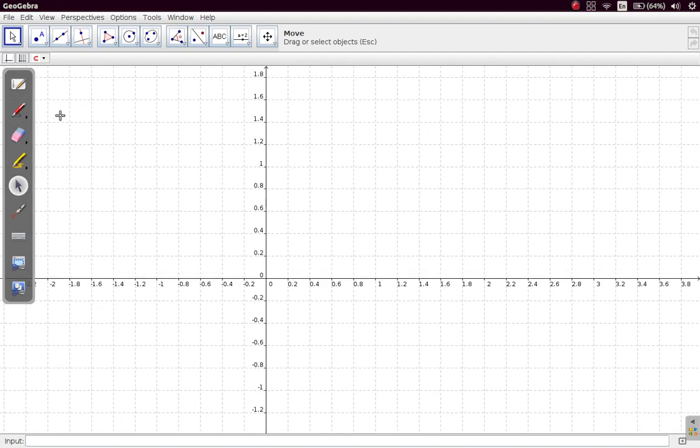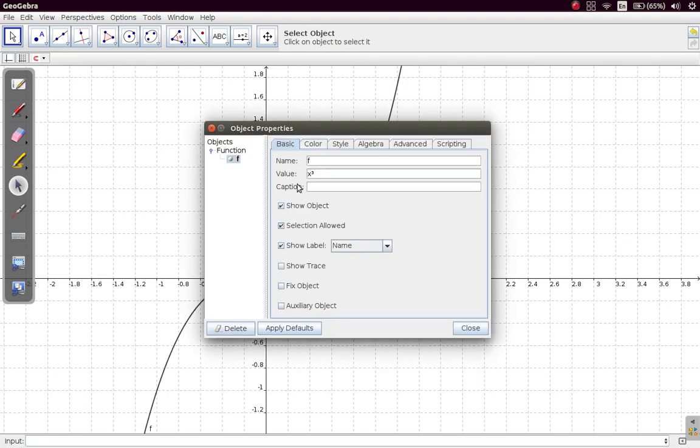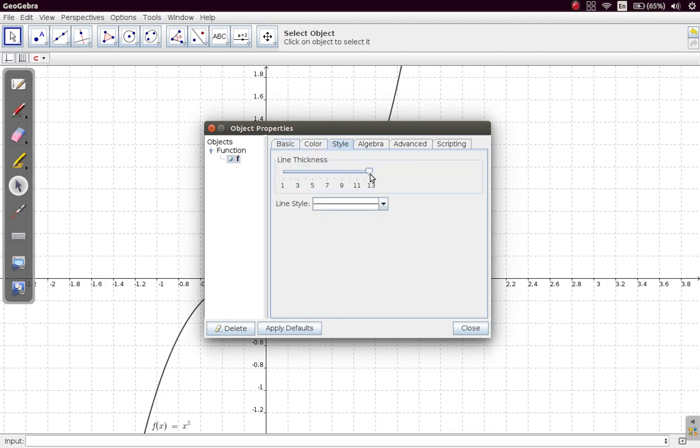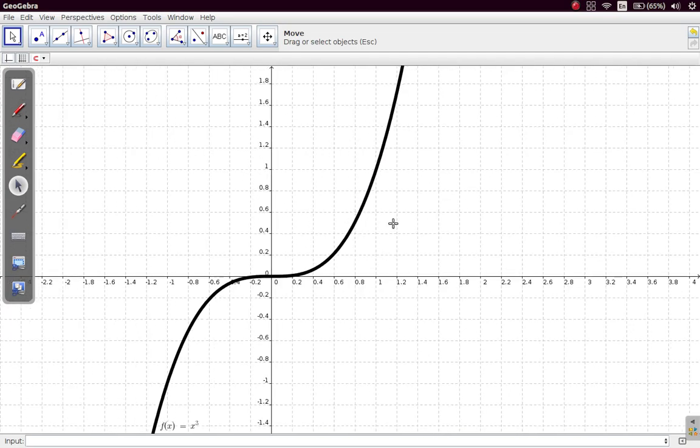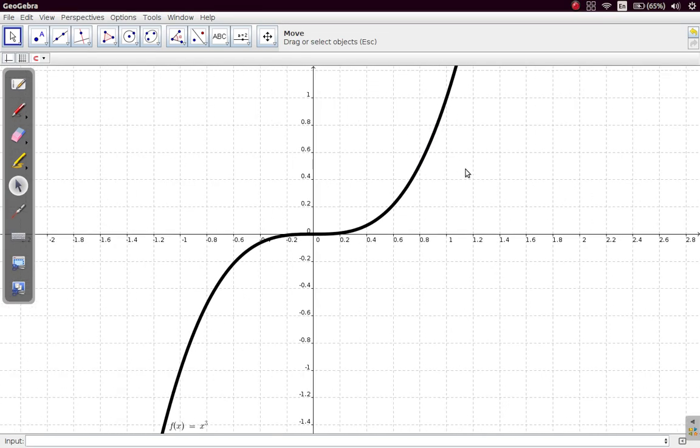Here now, let us plot the graph of y equals x raised to the power of 3. There we go. Let's make our curve thicker than it is right now. Alright. So, in this case, we have 0 here, and we have 1 here.